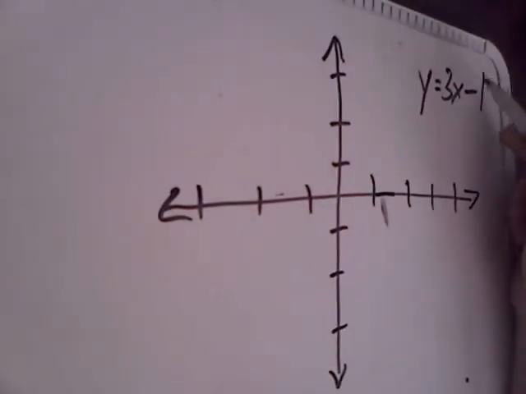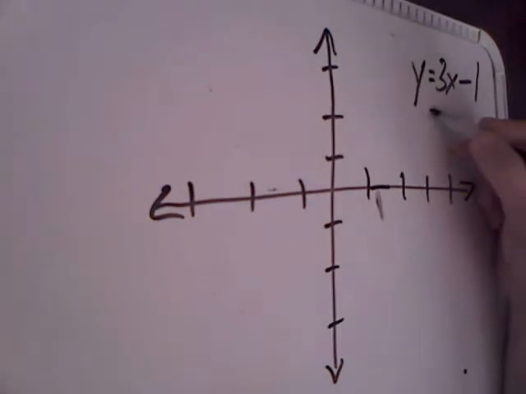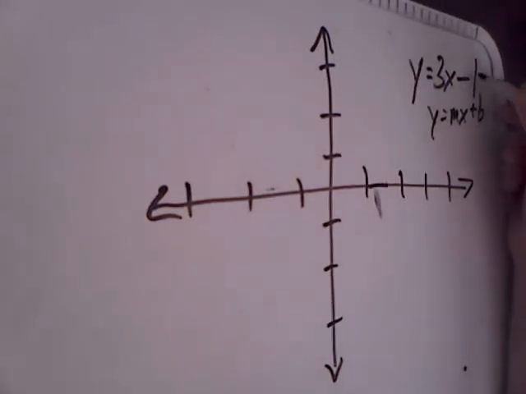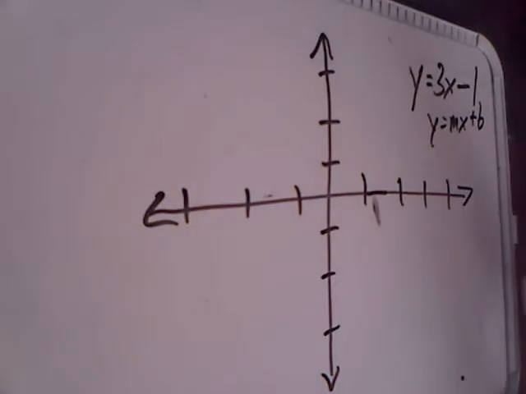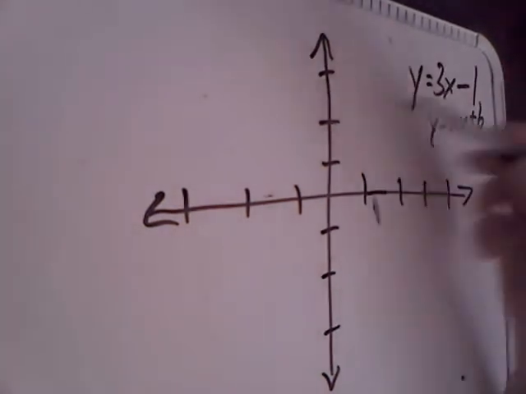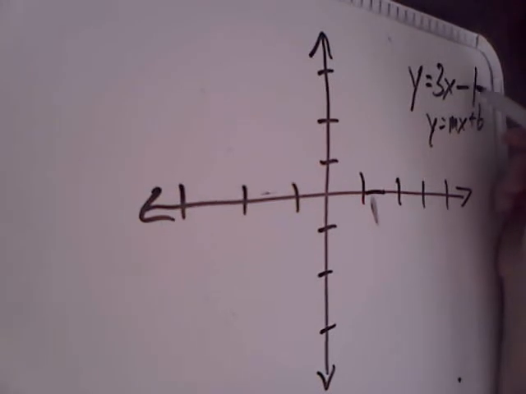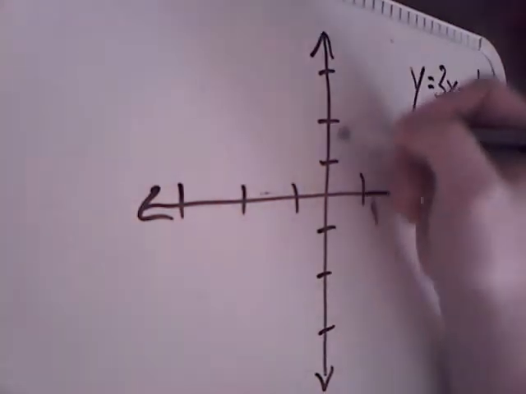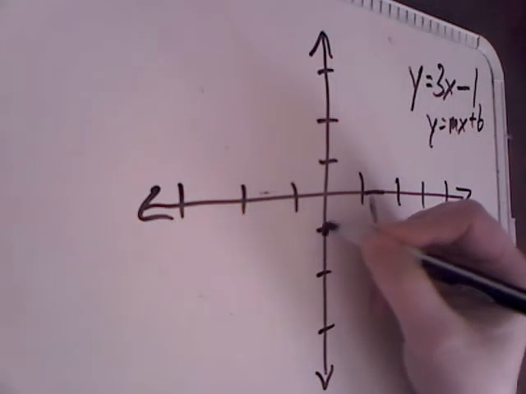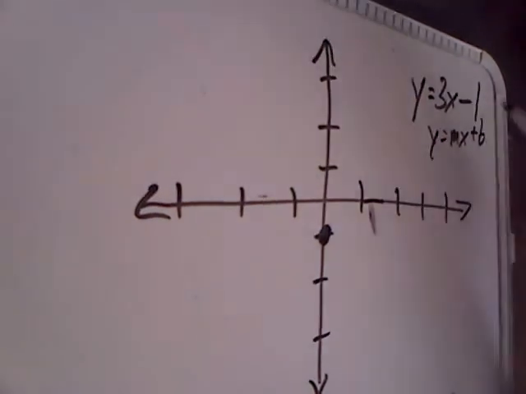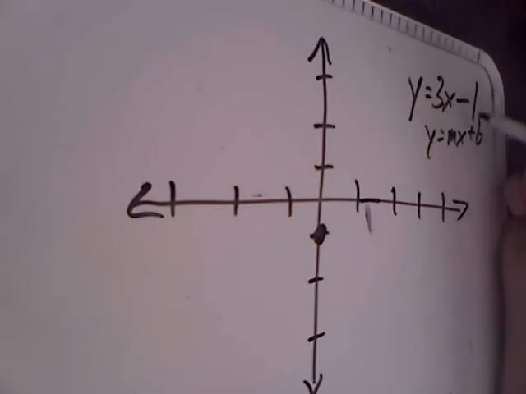My y-intercept, which is b, which is this number right here, I'm going to put somewhere on this line. Now I can't just put 1, I have to find -1 on this line. So -1 on the y-intercept is right here. And then I want to graph it using the slope.